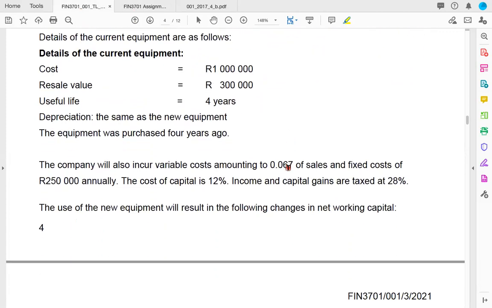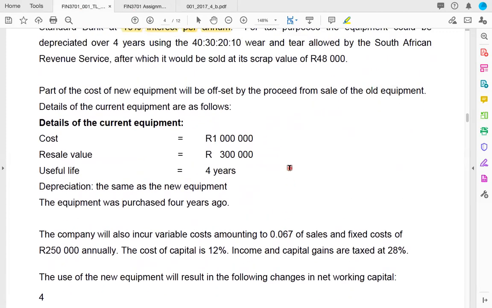After that, we need to get to the after-tax proceeds of the existing asset. Now, to determine the after-tax proceeds of the existing asset, you need to use the following approach. I've already talked about this in the notes and in the online classes, but I'll talk about it again.